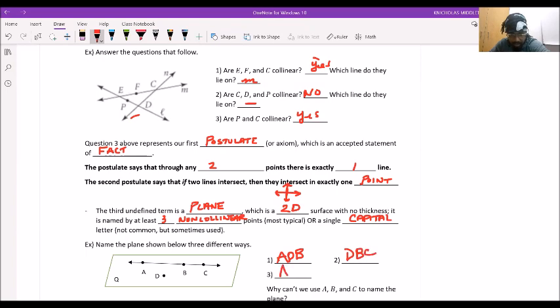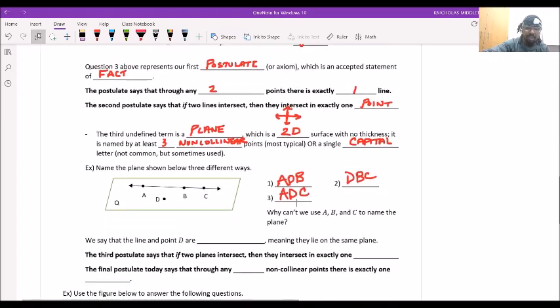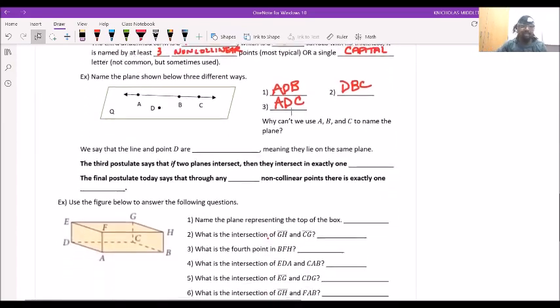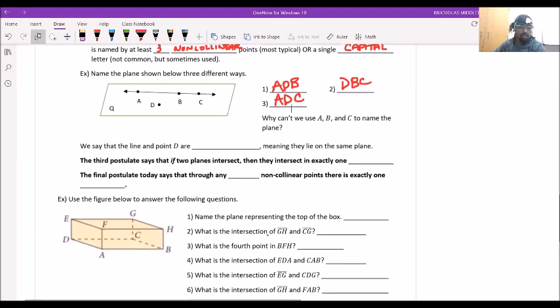Again, just flipping the order around does not make a new way to name it. But it is important to note that when we named it, we did not use ABC as a way to name the plane, and here's why.